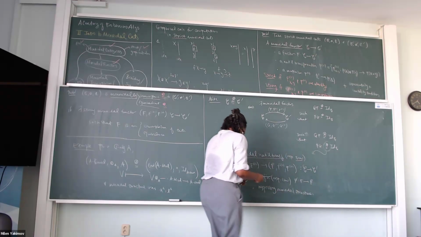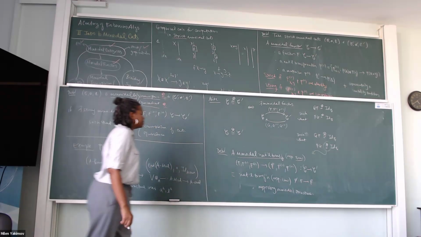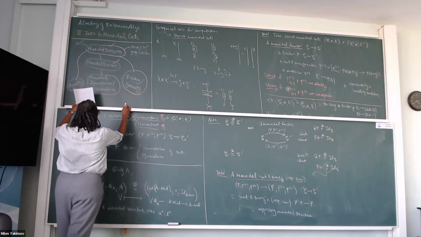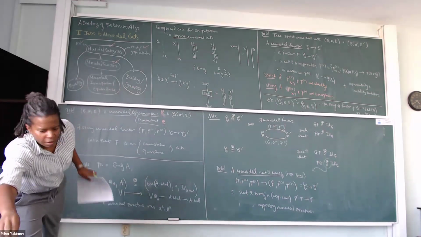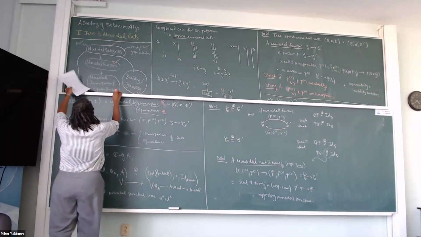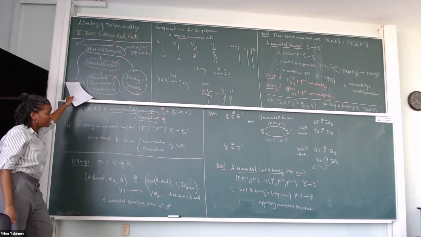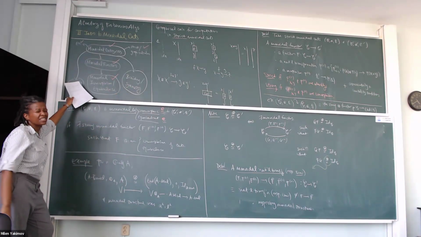And of course, I have the diagram in the notes. So now that we have introduced monoidal categories, how to move from one to another, some examples, and when they are the same, all this stuff is going to come up later.